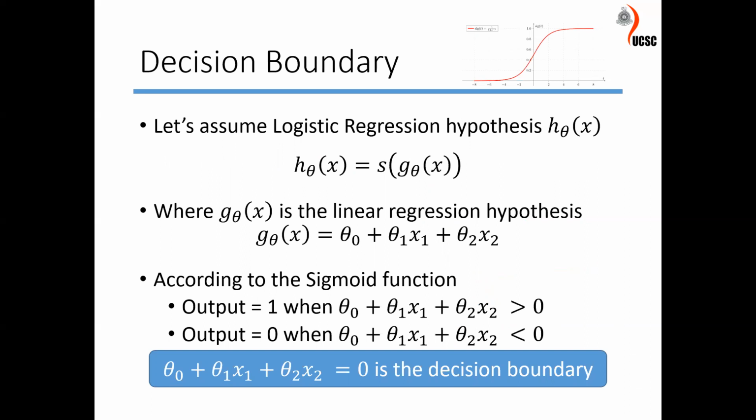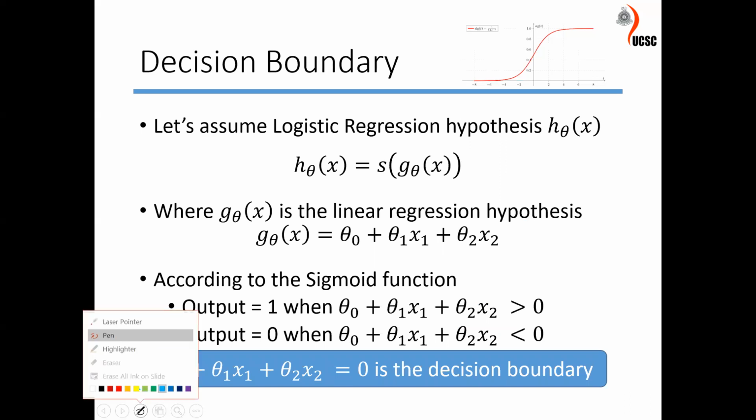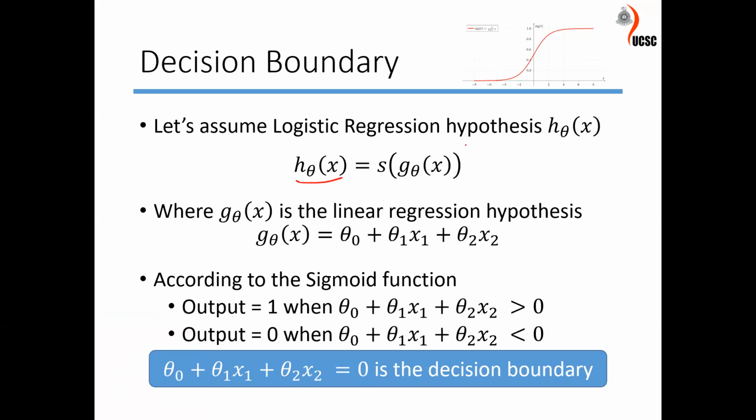If we assume our logistic regression hypothesis as h theta, this is our function. So this g theta is our linear regression hypothesis.